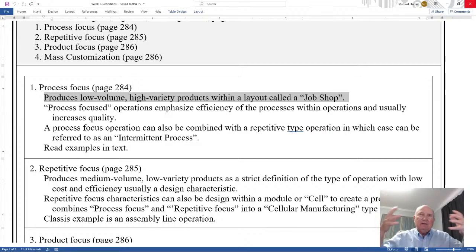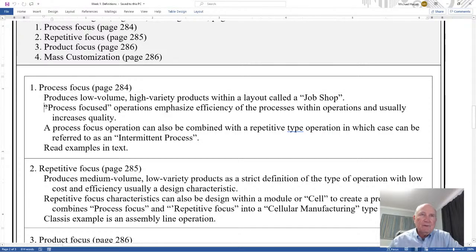Everything is right there to focus on that product, and all the processes are there. It's process focused because everything in that process is right there to satisfy that product. And so the product will go to the processes because the process is focused on the needs.